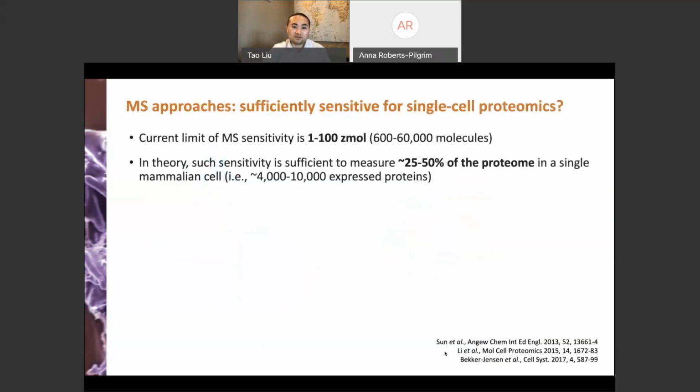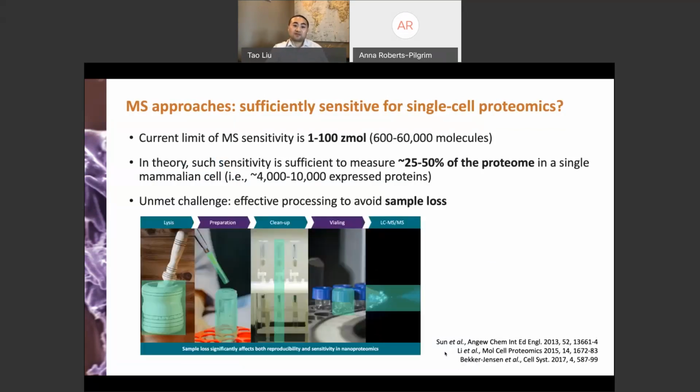So there's a lot of things we could do using mass spec. But one obvious question of using a mass spec based approach for single cell analysis is, is it sensitive enough to do so? Actually, in theory, it is. If you run the calculation, you're supposed to be able to see 25 to 50% of the proteome in any given mammalian cell based on the current mass spec sensitivity.